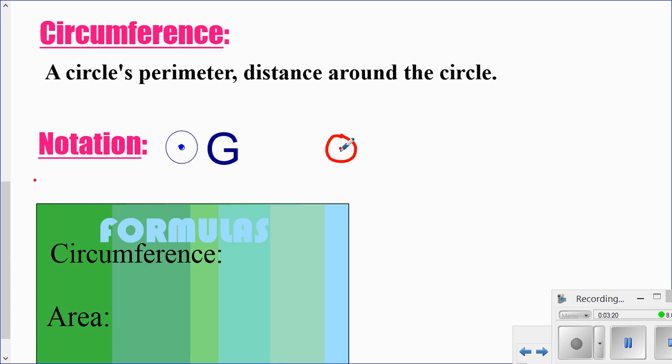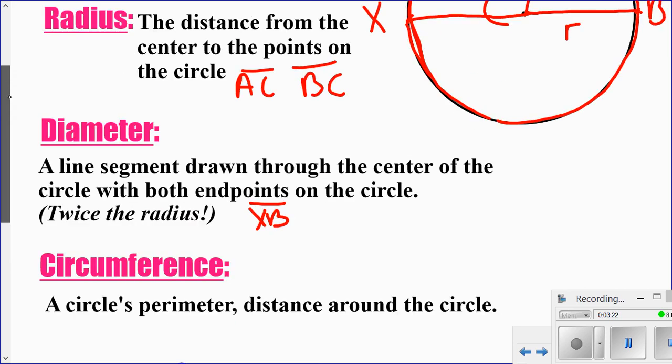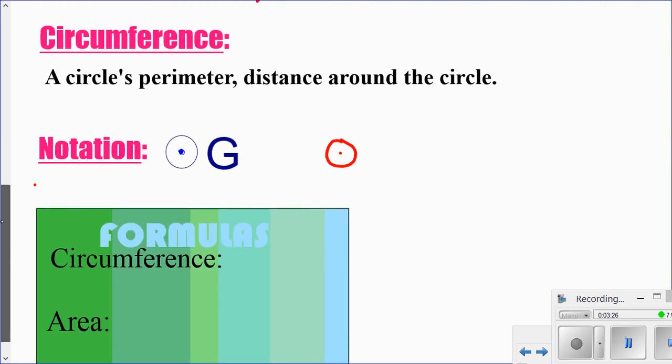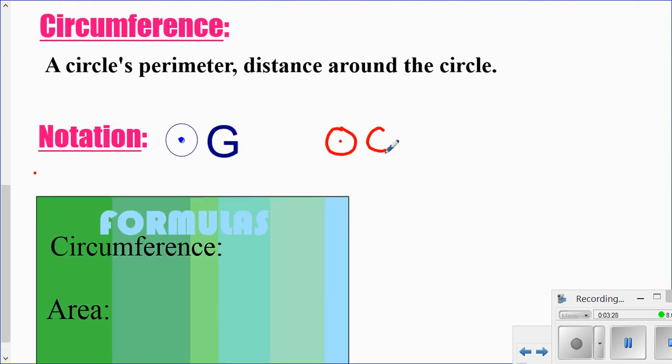If we go back up to our picture here, our circle has C in the center. So we would name our circle circle C. And that indicates not only that it's a circle, but that the center of the circle is point C.